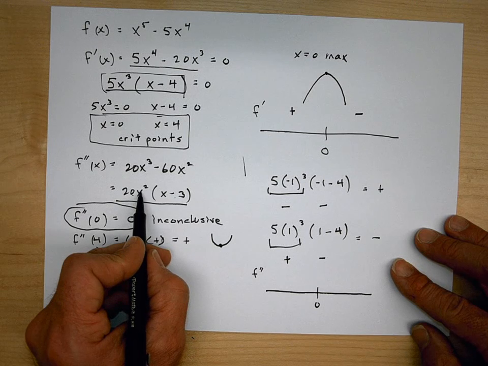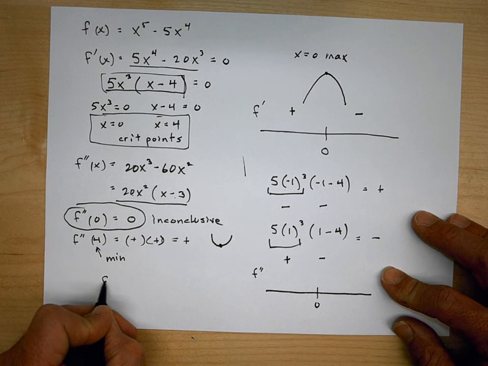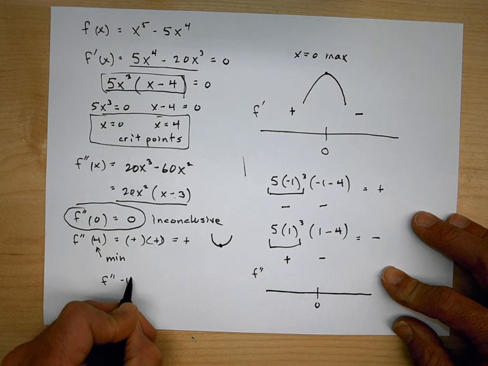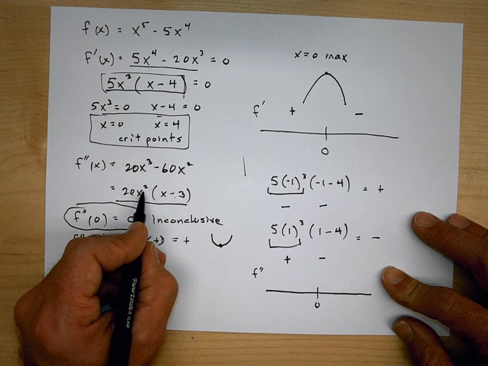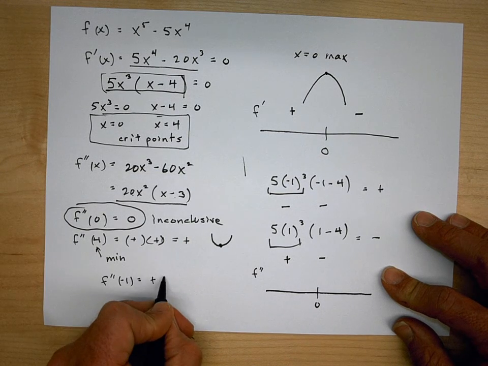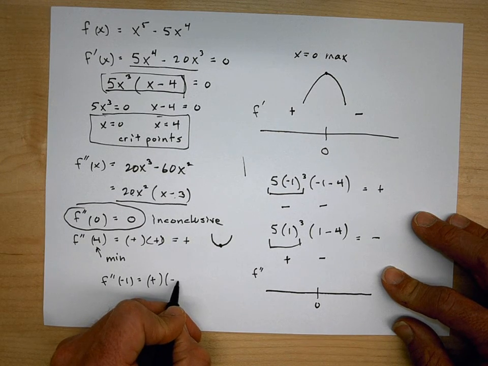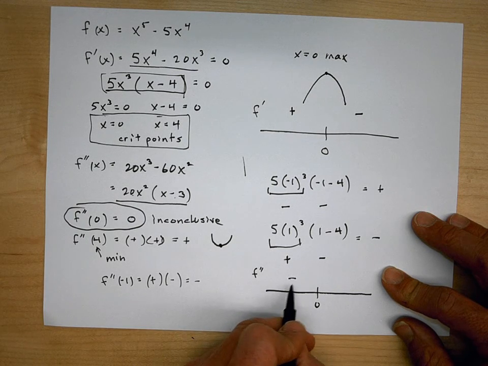Well, -1 squared is positive, so f double prime of -1 is -1 squared, which is positive, times 20. That's positive. -1 minus 3, that's negative. So it's negative over here. I'm going to be concave down.